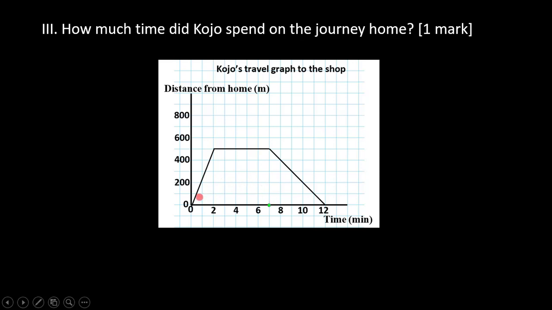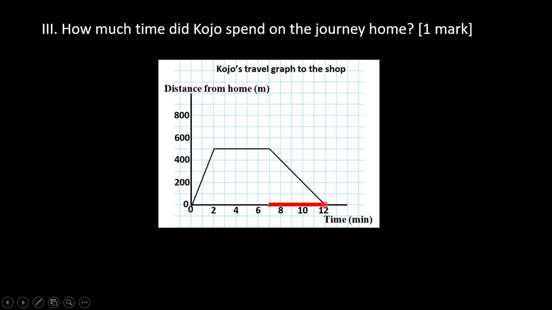In other words, within time 0 to time 7, he was either moving to the shop or resting at the shop. So we will have to determine the time from the 7th minute to the 12th minute. And here again, you've got to realize that we can actually trace from this particular point to this side or to the 12th here to get our time.